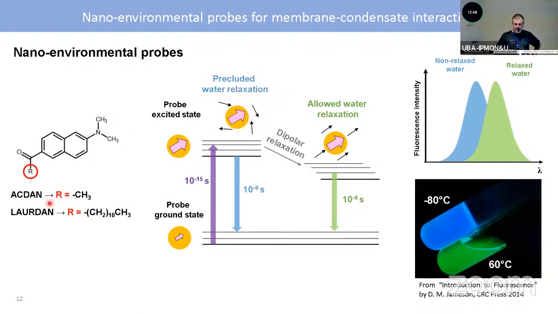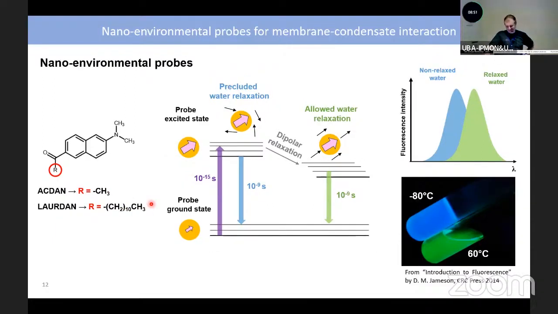In particular, if you change this R group here, you can give it a tropism for the membrane, or you can have a soluble dye that explores the intracellular interior, or a dye that labels the membrane. These dyes are really fantastic because you can use them as a molecular ruler of what is going on in terms of molecular crowding inside the cell, and how water can impact different processes.